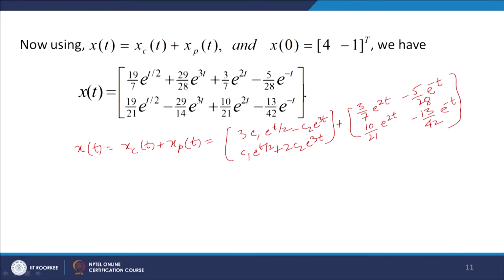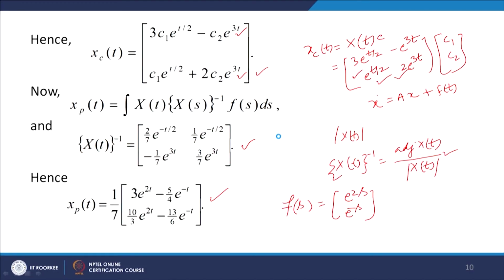Okay, so, we add the two matrices, yeah, we add the two matrices X_c(t) and X_p(t). Okay, X_c(t) is this and X_p(t) is this.